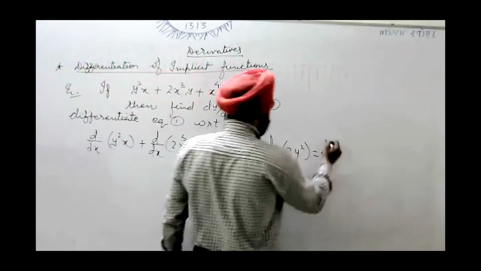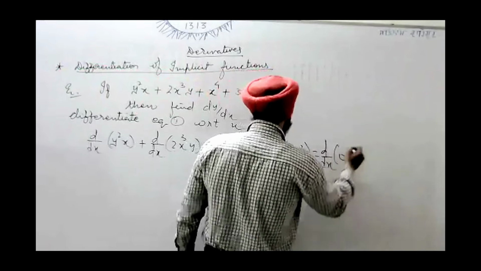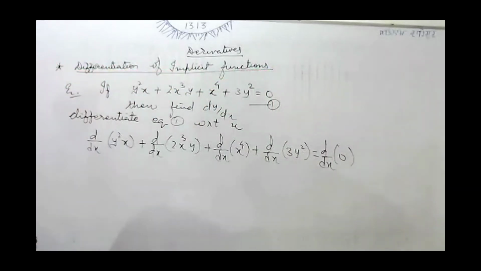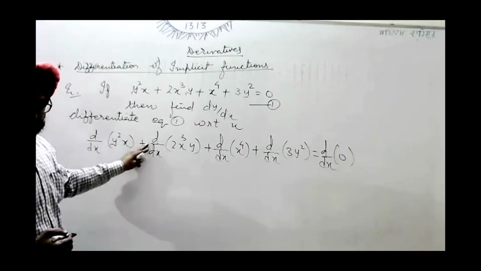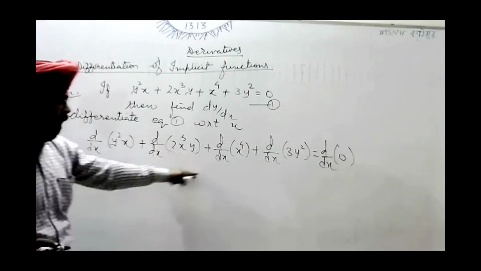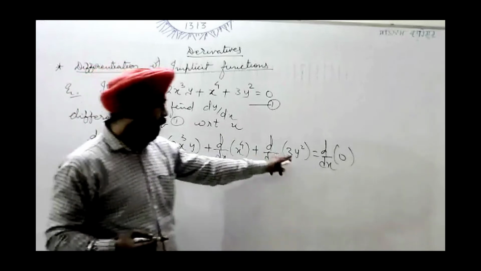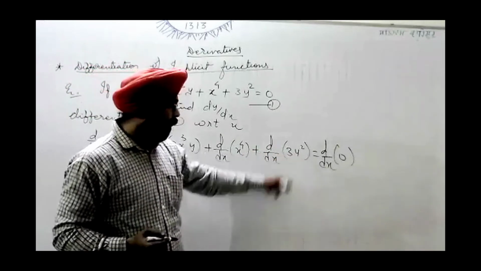You can say d by dx of 0 this way. Proceed. Product rule, constant as a common factor, then product rule, power rule, constant aside, power rule.